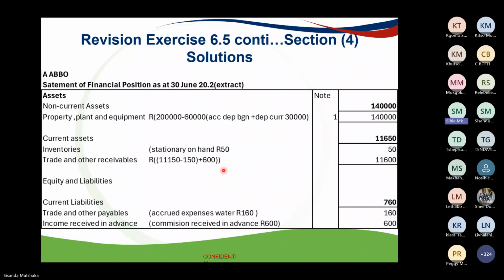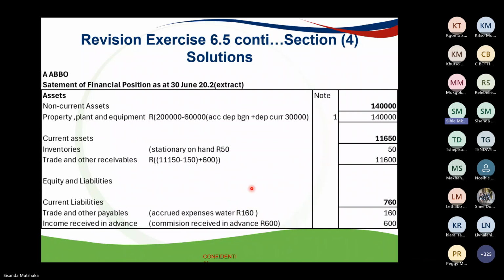Now, when we go down to liabilities, we've got non-current liabilities and current liabilities, but in this situation, based on the adjustments, the additional information, we've got one which relates to trade and other payables. One of them is where we highlighted that there was an accrued expense for water and electricity, where 160 was not paid.